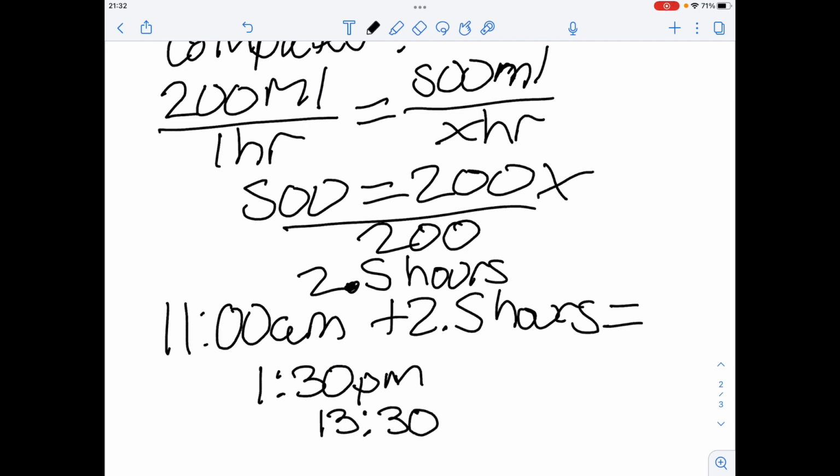And I get that because to get 24-hour time, you take any time that's 12-hour afternoon and you add 12 to it to convert it to that 24-hour time. So if you add 12 to 1:30, then you get 13:30. And that's your answer.